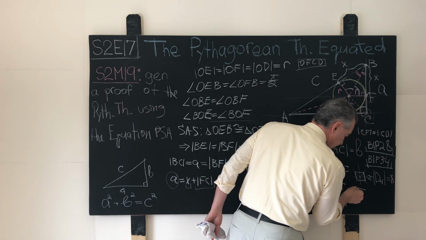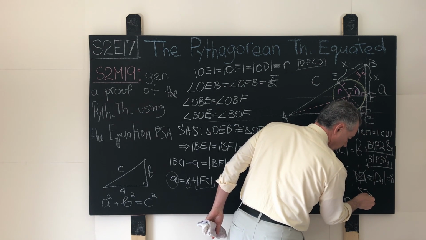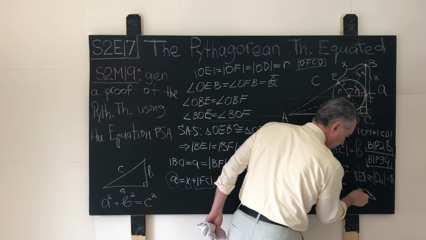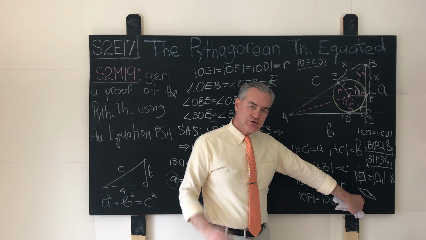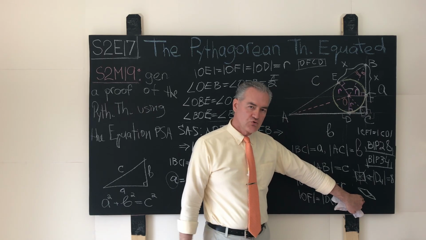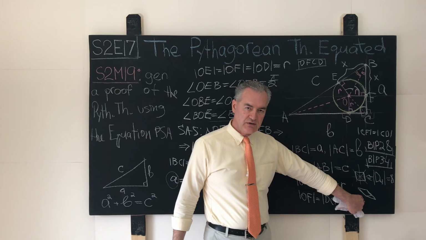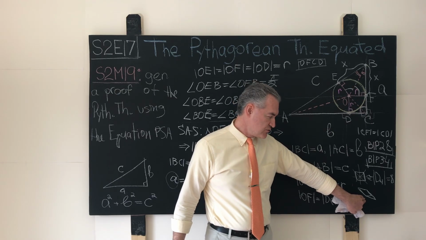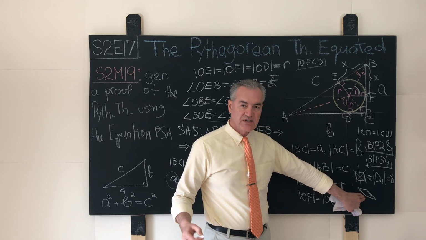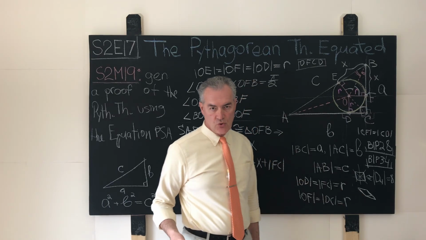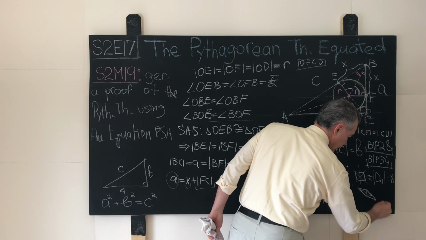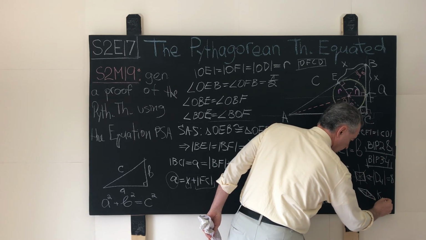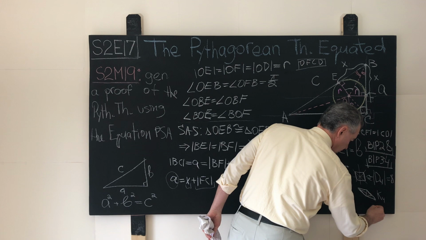A rhombus that is not a square, however, also has a group of rigid symmetries associated to it, and the group of rigid symmetries of a rhombus that is not a square is isomorphic to the so-called Klein 4 group, and that Klein 4 group is designated as K sub 4 or V sub 4, depending on who you ask.